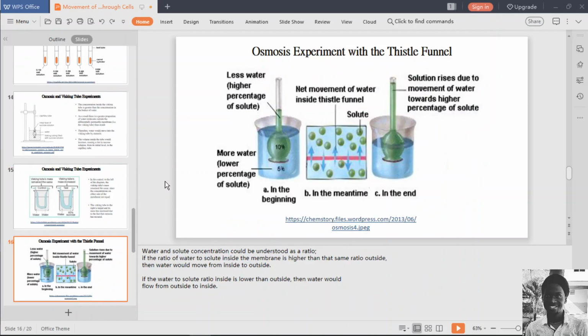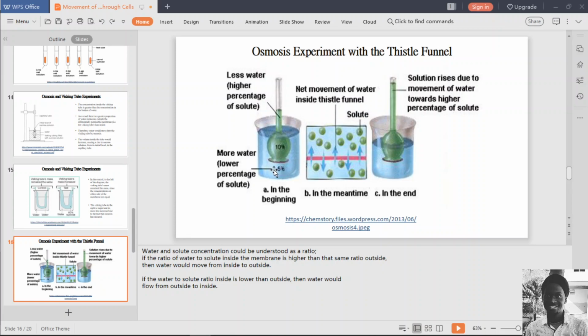Now here we have the thistle funnel experiment. So here at the start of the experiment, we have 10% solute inside here. So this is a 10% solution, 10% solid, 90% water. Outside here we have 5% solid, 95% water.